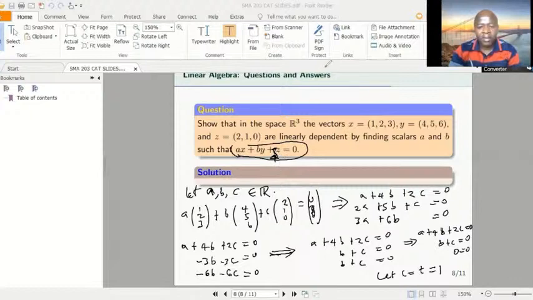Now, let me just emphasize this point. If we were not told that this should be 1, supposing it was to be c, then t would have been any value. One would have chosen t to be 1, another would have chosen t to be 2, another would have chosen t to be 5.